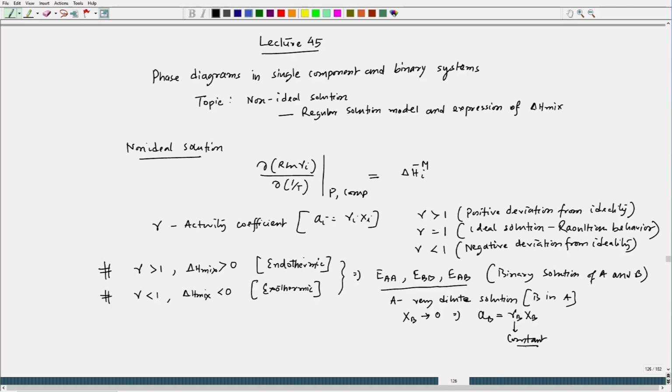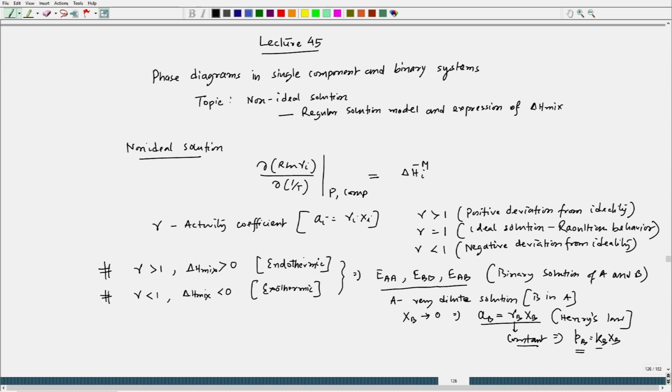Otherwise, that gamma b can be a variable over the entire composition range. And this is a straight line which is Henry's law, and it has a relation with P b equal to K b x b, where this is also Henry's law, and this is the partial pressure of B in contact with the solution system A B.